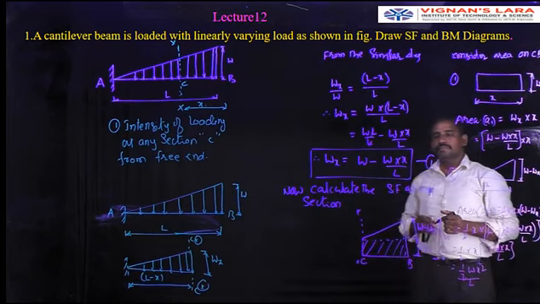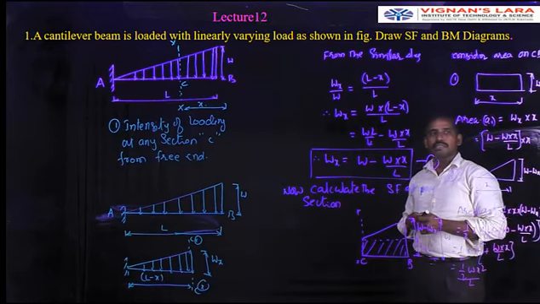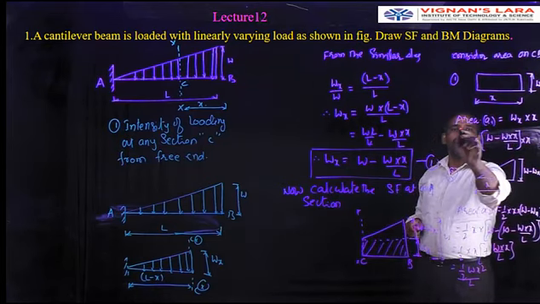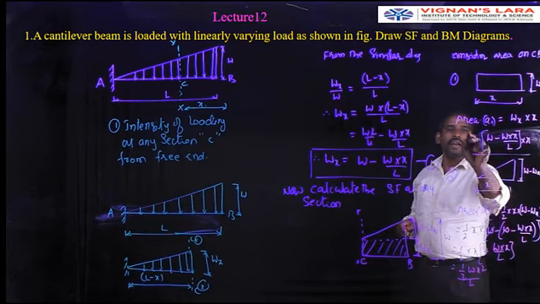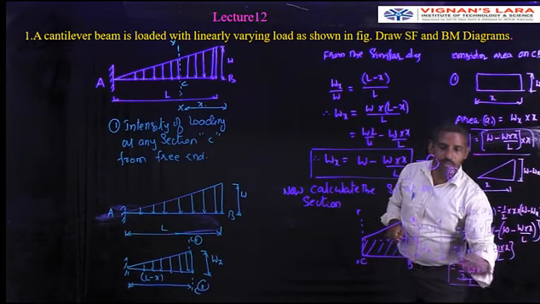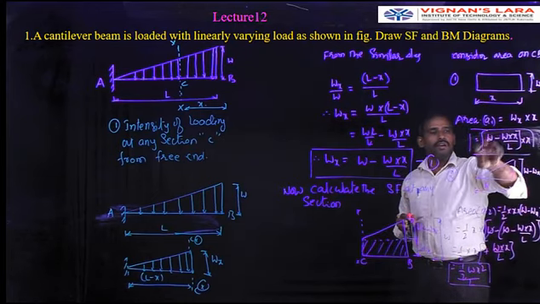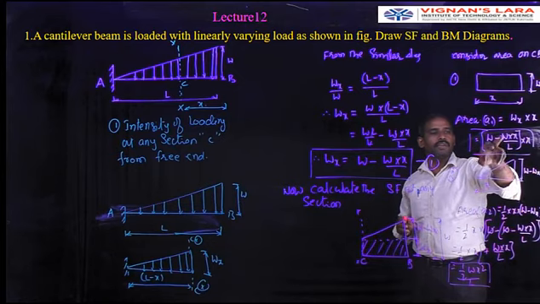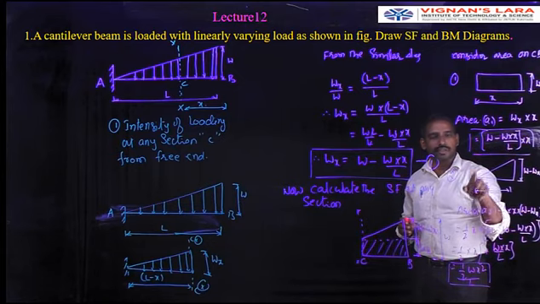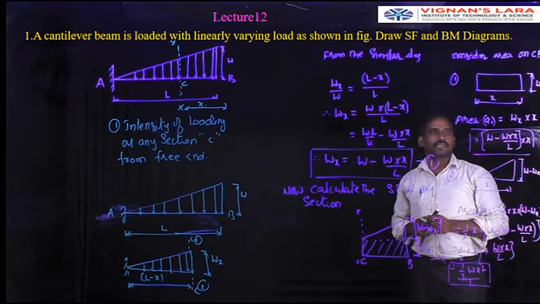I think that the load right to the section is the sum of A1 and A2. So that is the total load. But the location of the total load of magnitude (W minus Wx by L) into x is not the same as that of the half into W x square.